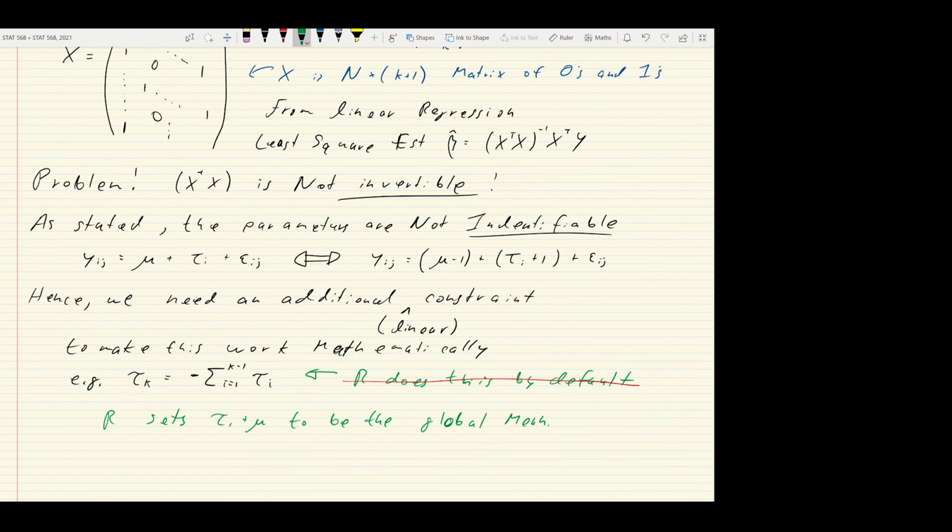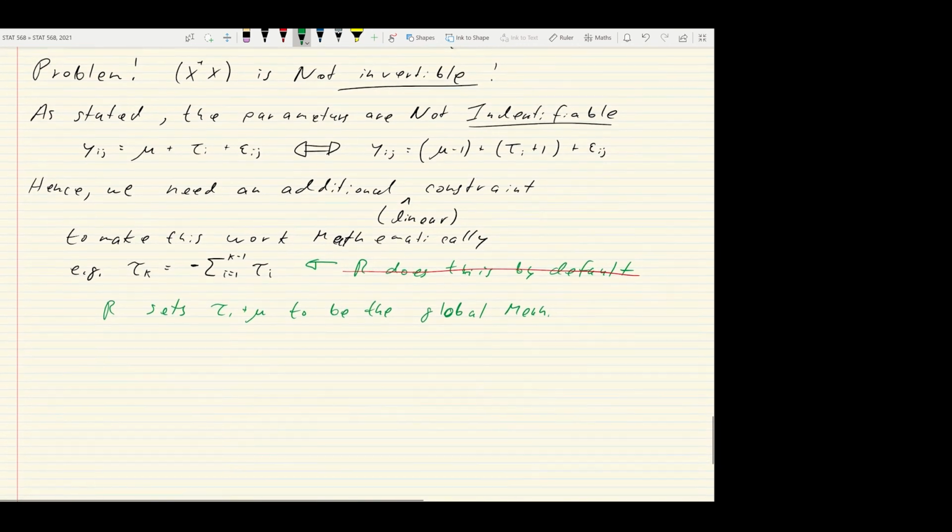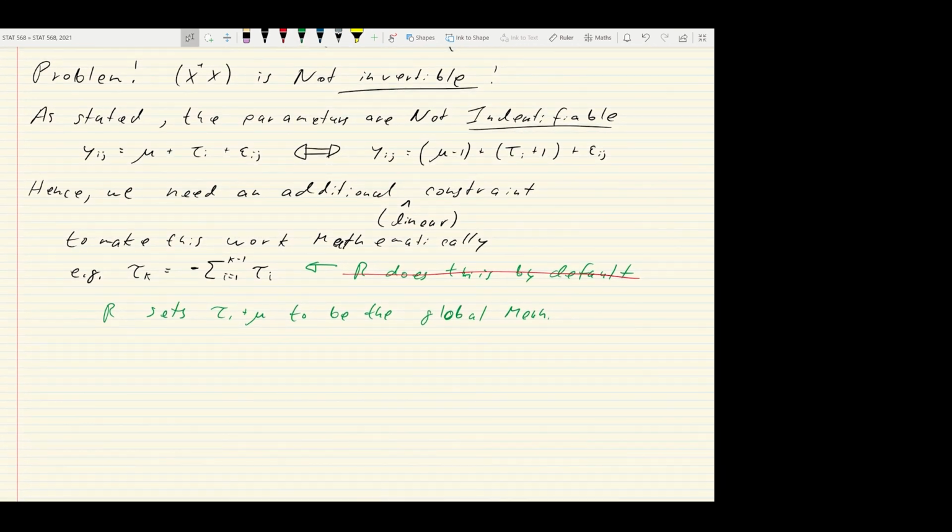So what R actually does, and there goes my camera. Well, that's okay. I'm going to finish this train of thought and then we will pick up again with an example in the next part of this lecture. But effectively what R does is it sets tau_1 plus mu to be the global mean. So in this case, it's determining the first category as kind of the default or the control.